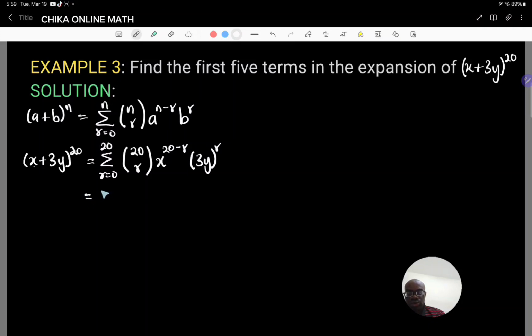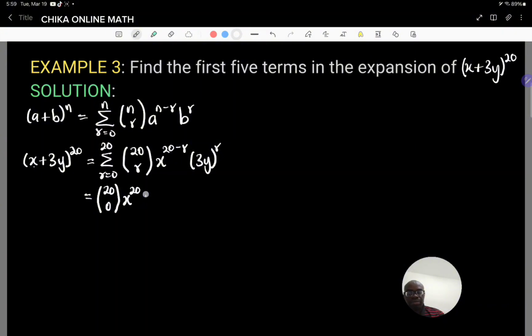So we have, when r is 0, the first one is 20 combination 0, x to the power 20 minus r, which is 20, then 3y raised to the power 0, because r is 0, and any number raised to the power 0 is 1. So if we multiply it with this one, it's as good as not putting 1.